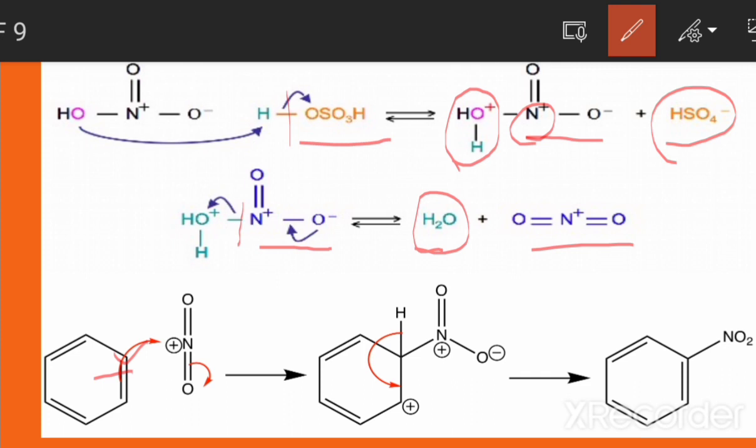Then the hydrogen will break its bond and be eliminated from the ring as a positive ion, so it will give its electron and form a pi bond, and the benzene ring will regain its pi bond. This nitro group will replace the hydrogen, and we have a final product, that is nitrobenzene.